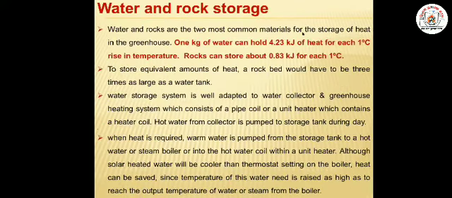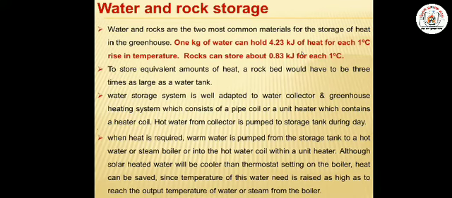So in short, we have seen water and rock storage systems. Here, 1 kg of water can hold 4.23 kilojoules of heat for each rise of temperature by 1 degree centigrade, whereas rocks can store about 0.83 kilojoules of heat for each rise of temperature by 1 degree centigrade.